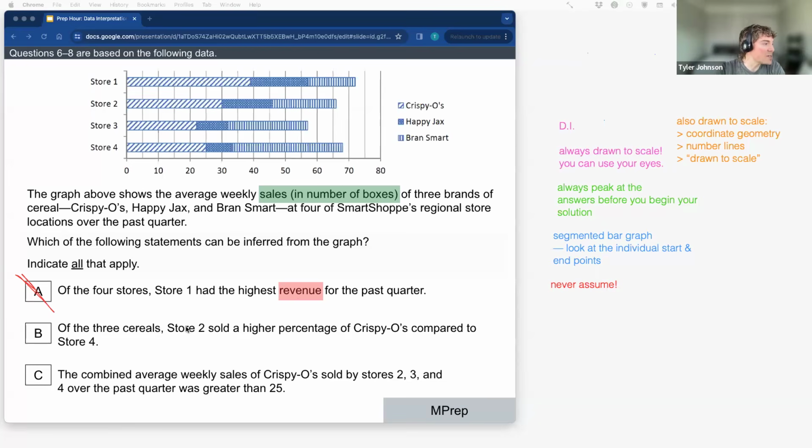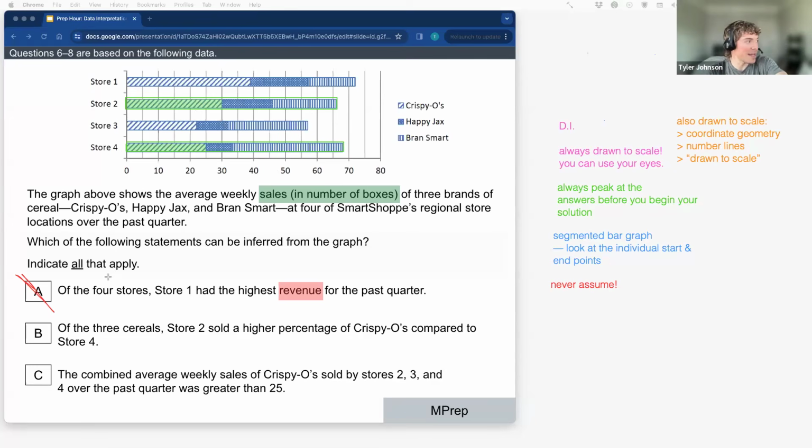On to B. Of the 3 cereals, store 2 sold a higher percentage of Crispios compared to store 4. So I'm looking at Crispios, and it's a percentage. So I'm taking that green chunk out of the whole bar, and I'm doing something similar in store 4, looking at that green chunk out of its entire sales. Does store 2 have a higher percentage of Crispios?